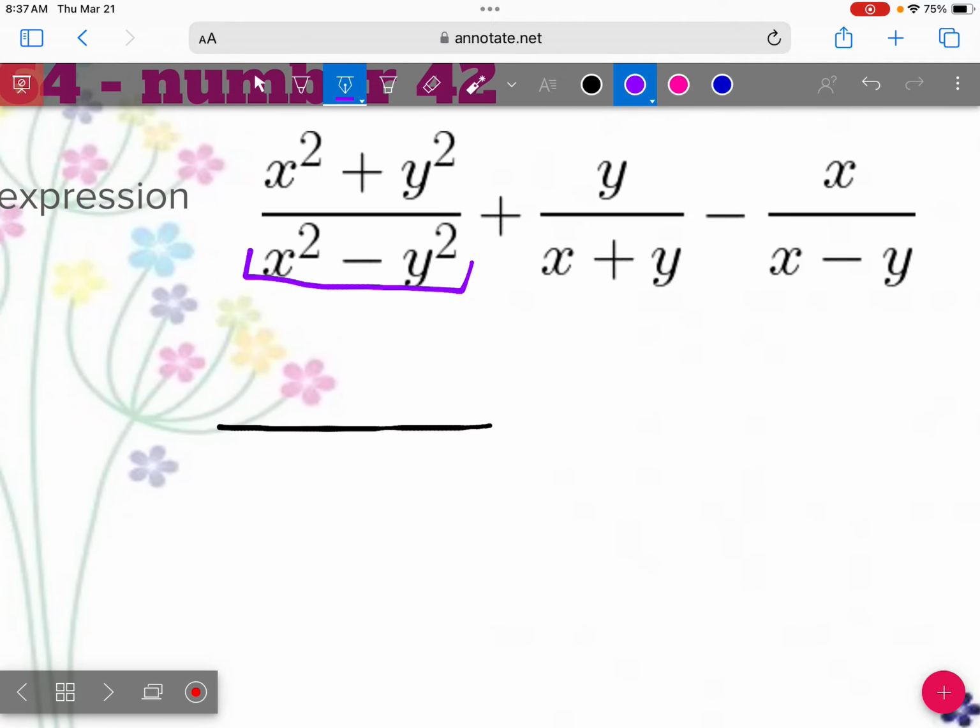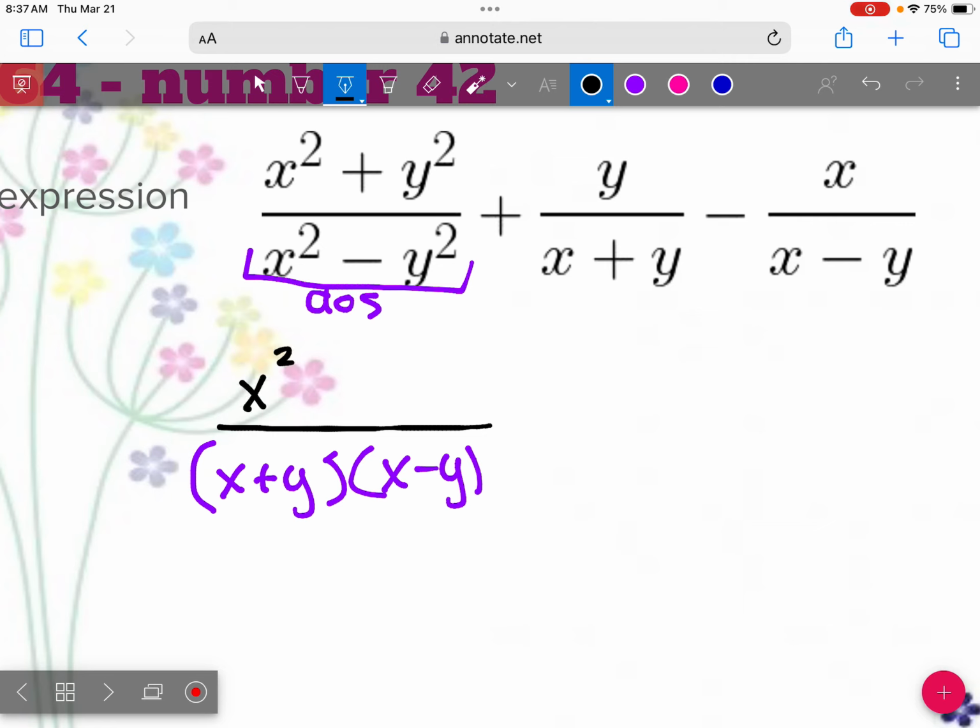That's a difference of perfect squares here. We can write this as x plus y, x minus y, because this is a difference of squares. We don't need to change anything in our numerator. We're just going to leave it as it is, x squared plus y squared.